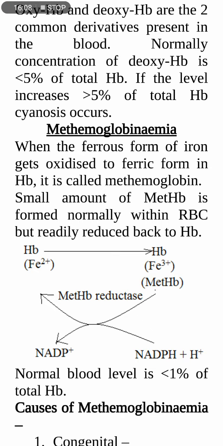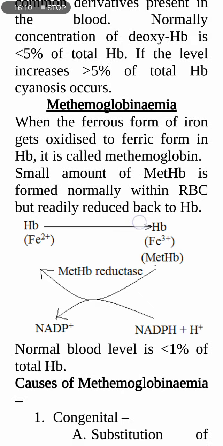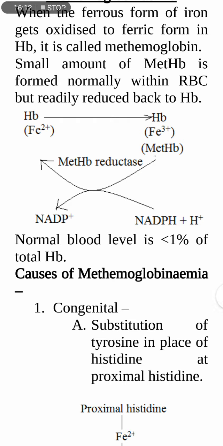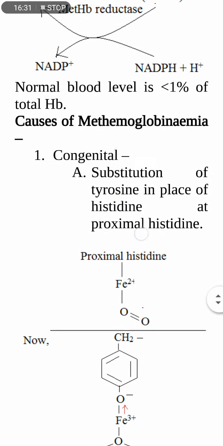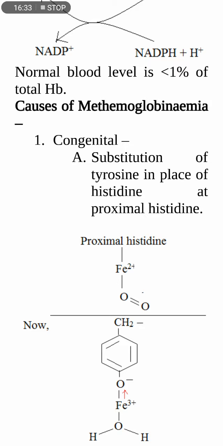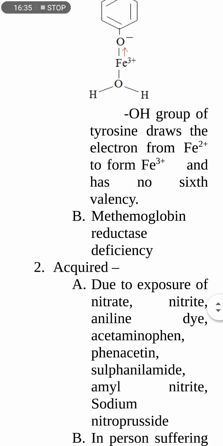Normally, blood level is less than 1% of total hemoglobin. What are the causes of a high level of methemoglobin? It may be congenital, due to replacement of proximal histidine by tyrosine, or a defect in the methemoglobin reductase.